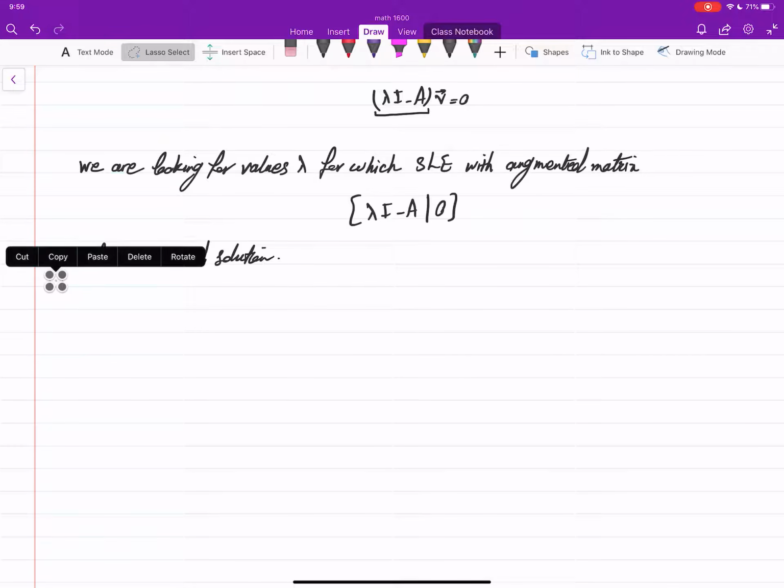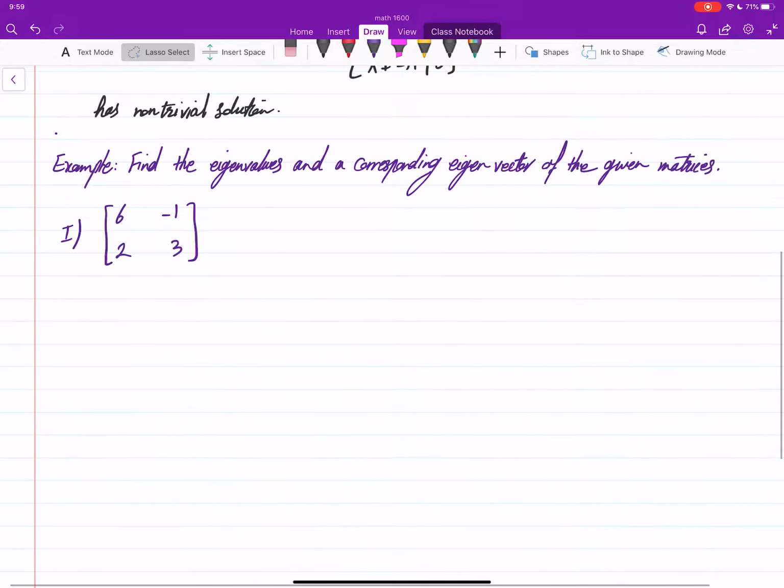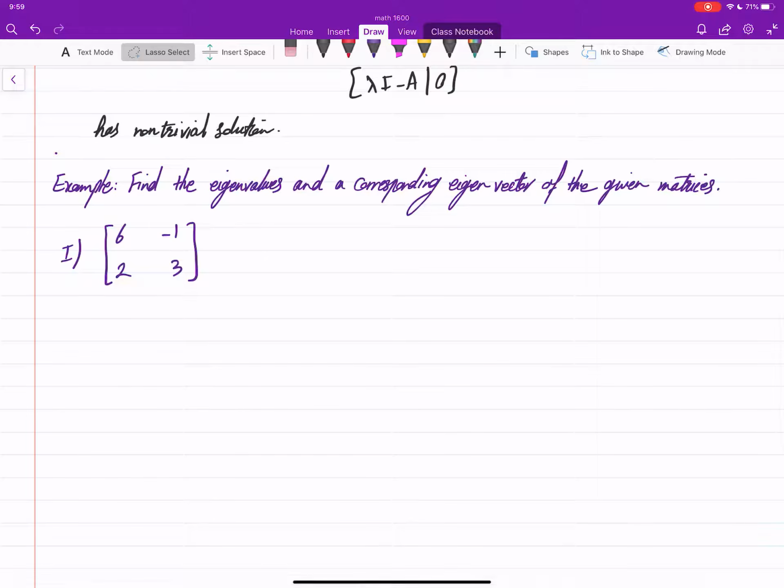Okay, I believe I have two examples. Yes, here. So the key point here is to make lambda times identity, so identity here is [1, 0; 0, 1], minus the matrix.